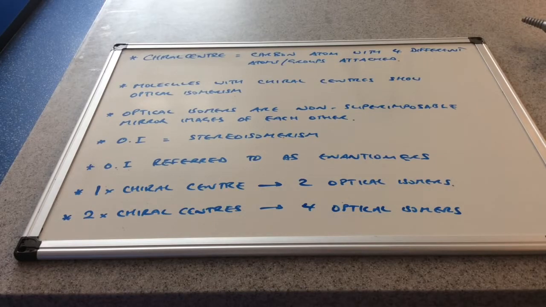The optical isomers are referred to as enantiomers. If you've got one chiral centre in the molecule, you would end up with 2 optical isomers possible. What I didn't mention in the video, if you have 2 chiral centres, you get 4 optical isomers. So for every chiral centre there are 2 possible structures.